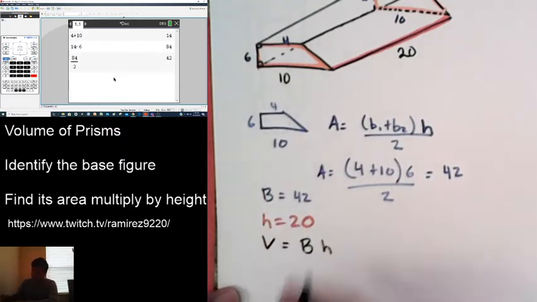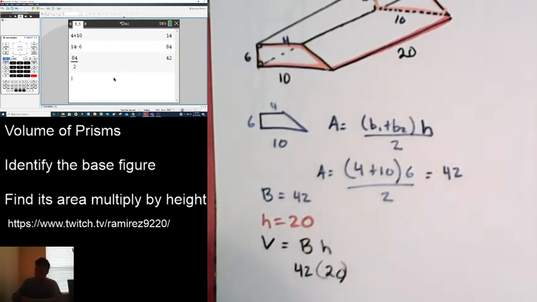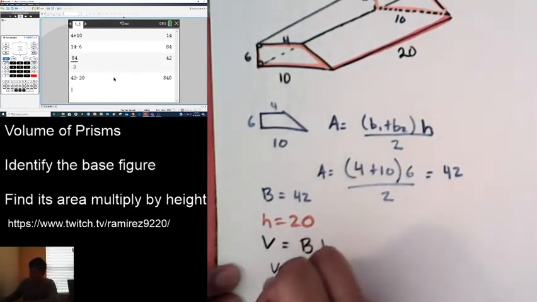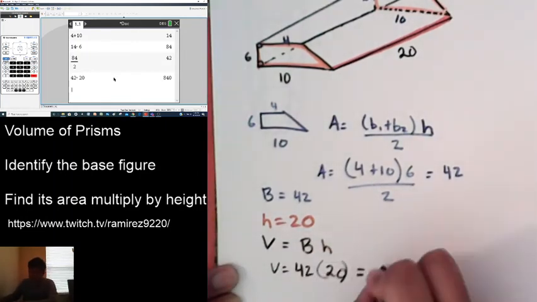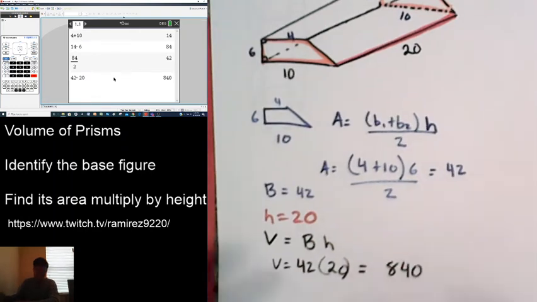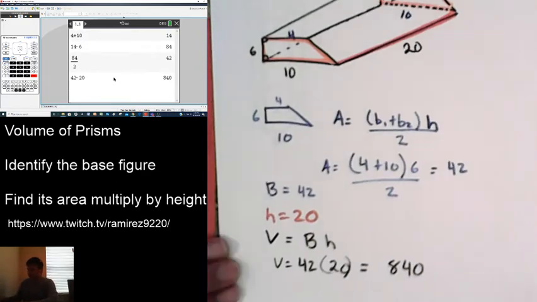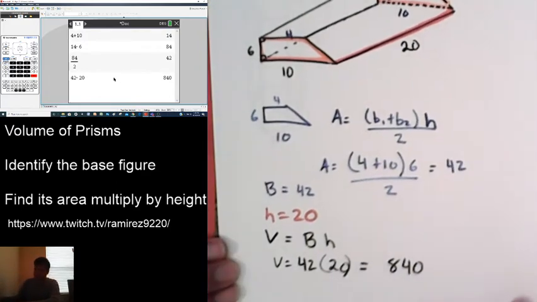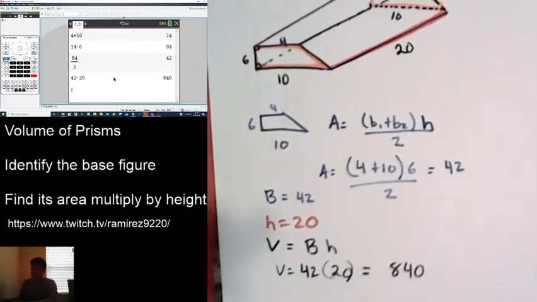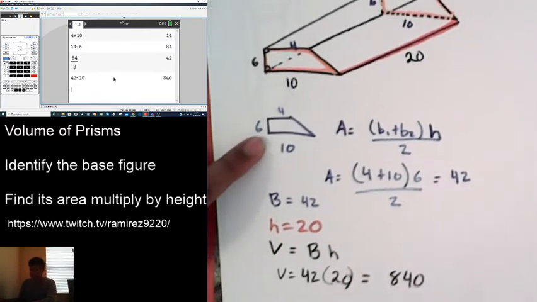My area of the base is 42, my height is 20, I multiply them, and the volume of this figure is 840 units cubed, whatever they may be. So again, this was the trapezoidal prism because the base happened to be a trapezoid.